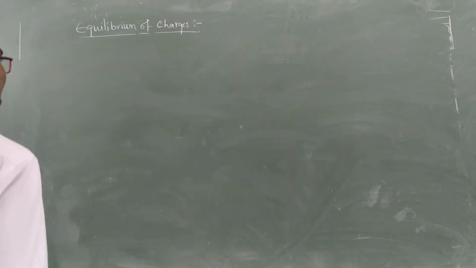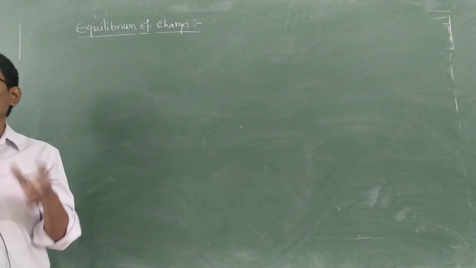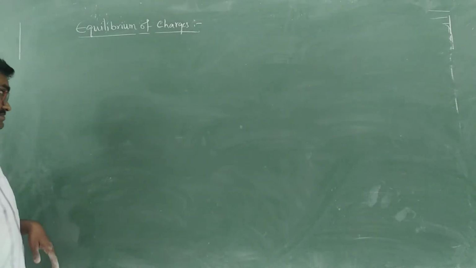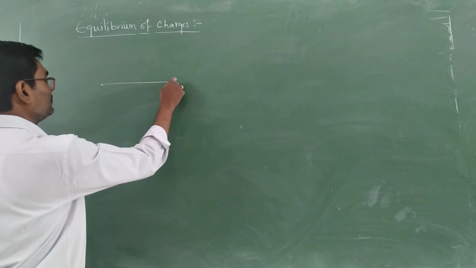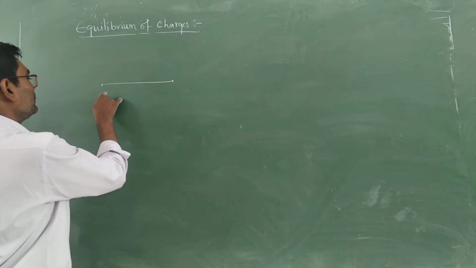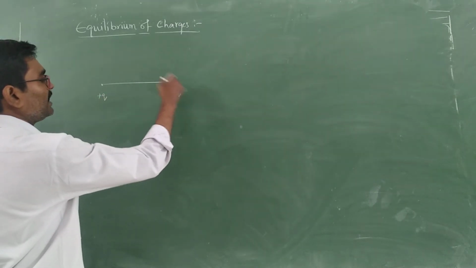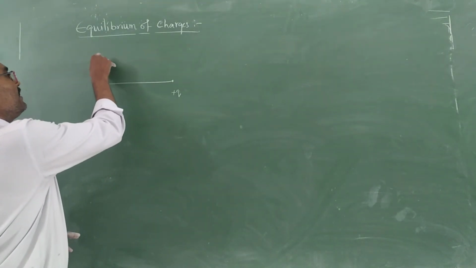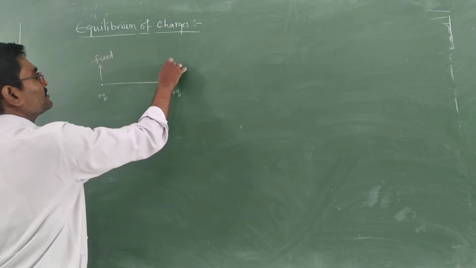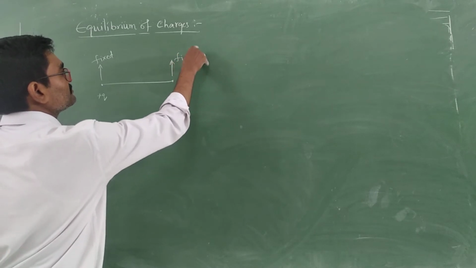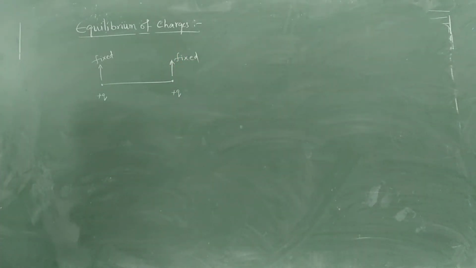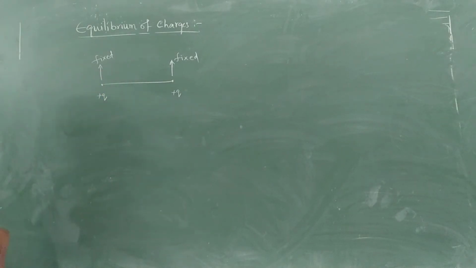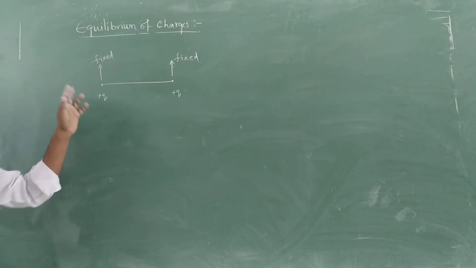See here. Here we need to think about two major cases. If I take charges, we need to think whether the charges are fixed or not fixed. Two charges I have taken. The two charges are fixed at their positions.